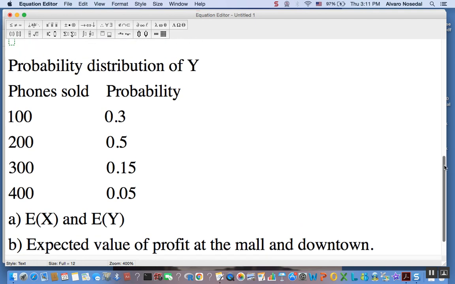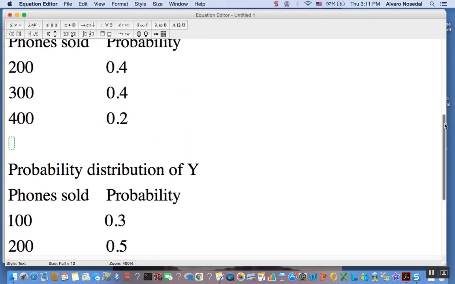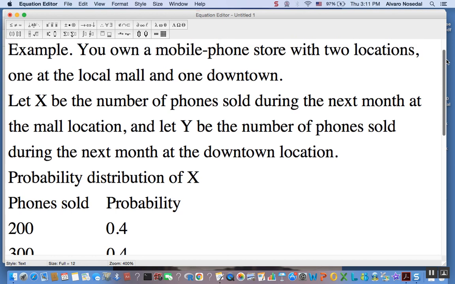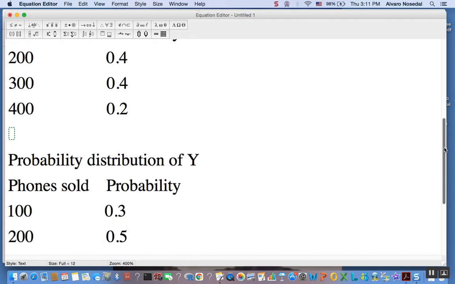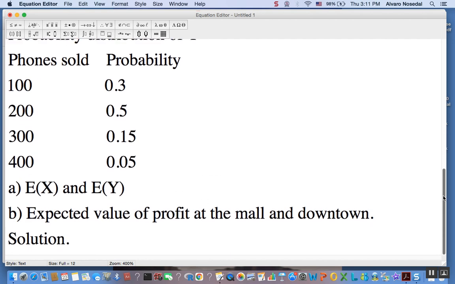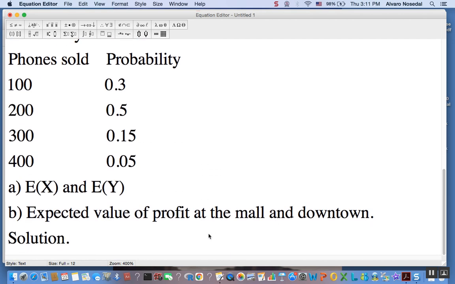And again, let me remind you that x is a random variable that represents the number of phones sold during the next month at the mall location. So this would be the typical number of phones sold at that location, right?